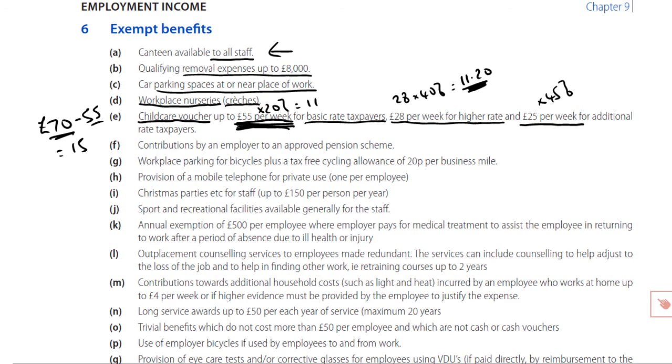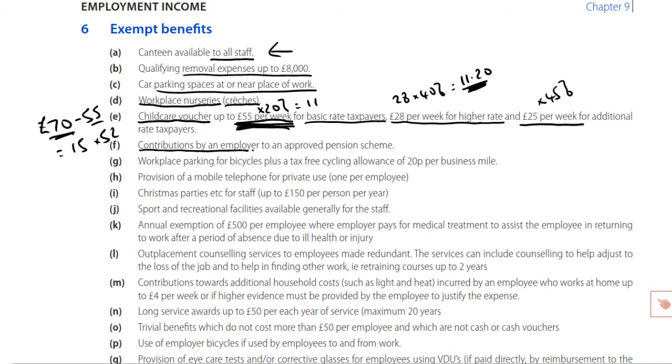If this had happened through the whole tax year, times 52, and that would be the annual assessable benefit for your tax year. So just compare, based on a basic, higher or additional rate, the exempt level with whatever you're being paid, and the excess then becomes an assessment.